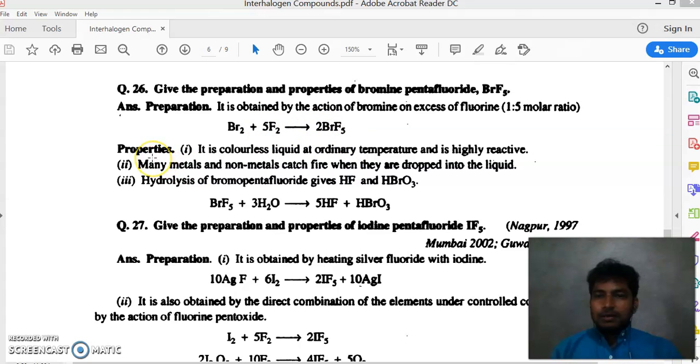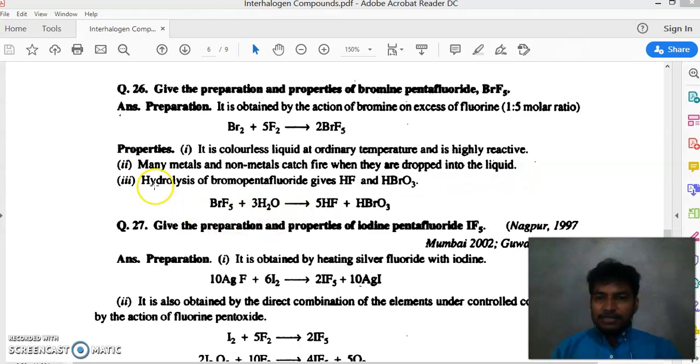Next, what are the properties of bromine pentafluoride? Bromine pentafluoride is basically a colorless liquid at ordinary temperature and it is a highly reactive compound. Many metals and non-metals catch fire when they are dropped into the liquid.